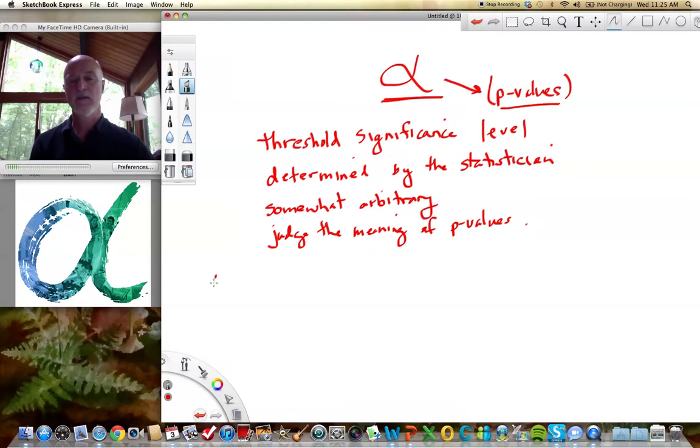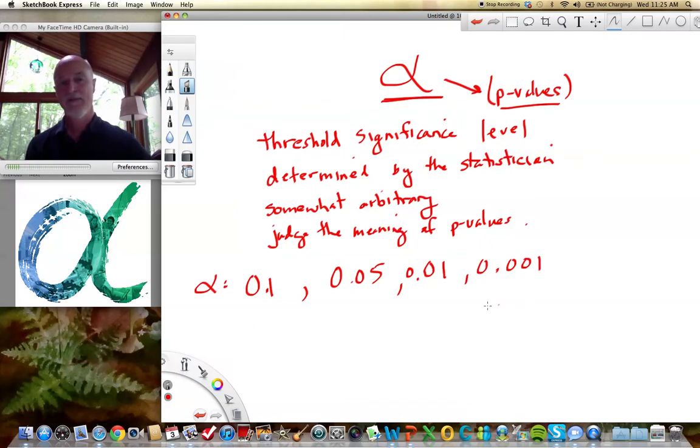And typical values of alpha that are set in the literature range from 0.1 to 0.05 to 0.01, sometimes even as low as 0.001. I've seen them go even farther than that in terms of this threshold significance level.